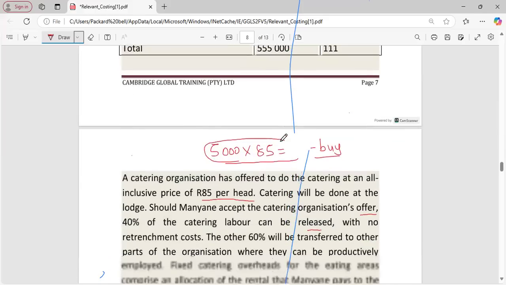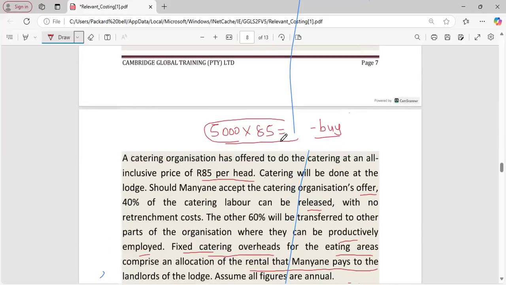So what are going to be the relevant costs here? Which ones are relevant?